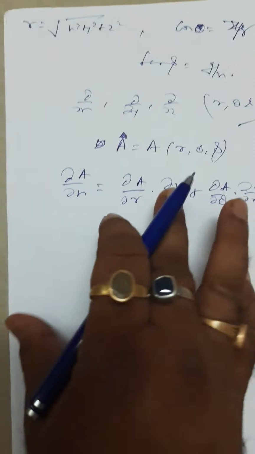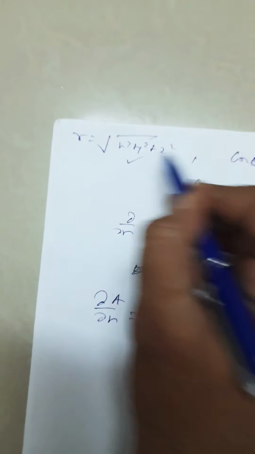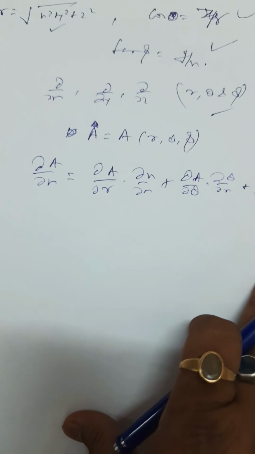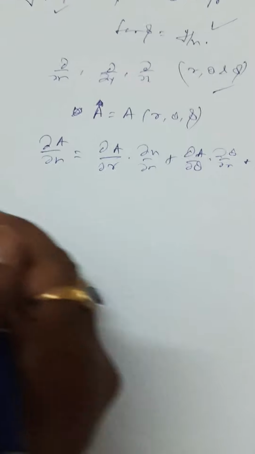We're using the chain rule of partial differentiation here. Now we'll use these three expressions to find the values of del r by del x, del theta by del x, and del phi by del x.